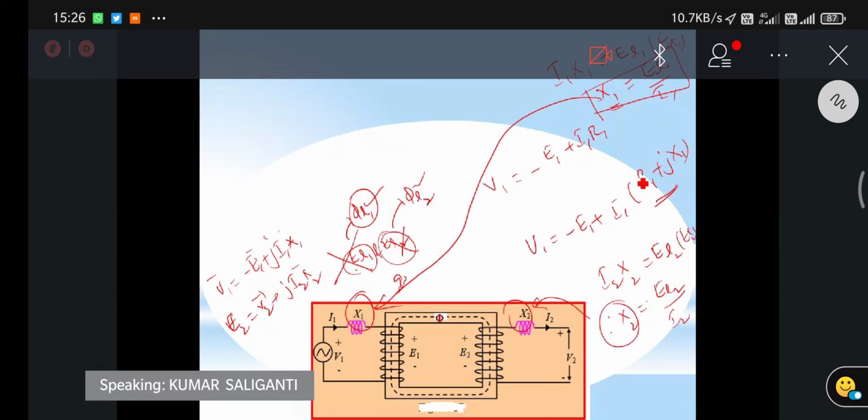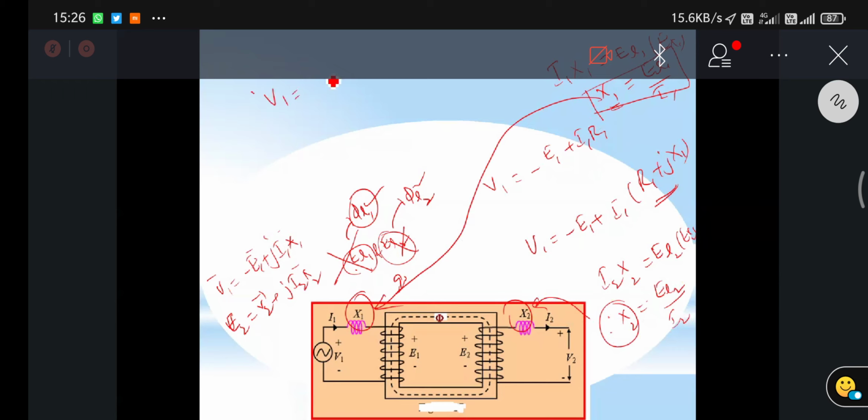So finally we write it. Already we know that for the transformer winding with resistance and no leakage, V1 equals minus E1 plus I1 R1, and E2 equals V2 plus I2 R2. But we have the extra reactance terms, plus j I1 X1 and plus j I2 X2.